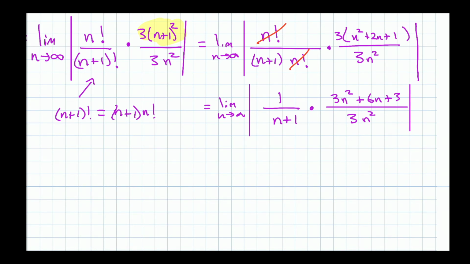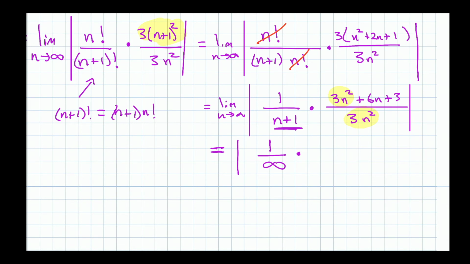Now, I just multiplied that all out, but I did not need to, because when I'm taking this limit right here, which I'm going to do right now, let's take the limit. First of all, this is going to be 1 over infinity, which is going to be 0, but let's just say we don't know that yet. And then the other one, you're going to be looking at the 3n squared and the 3n squared, right?